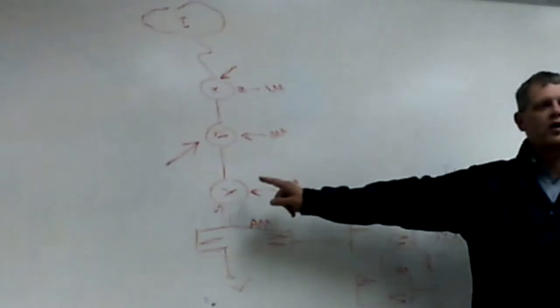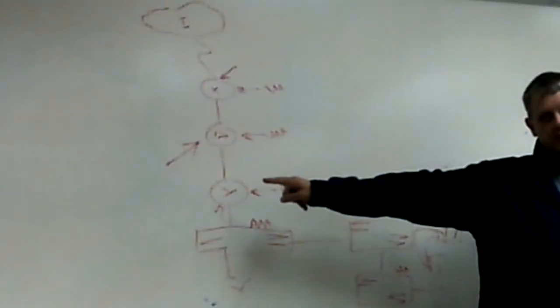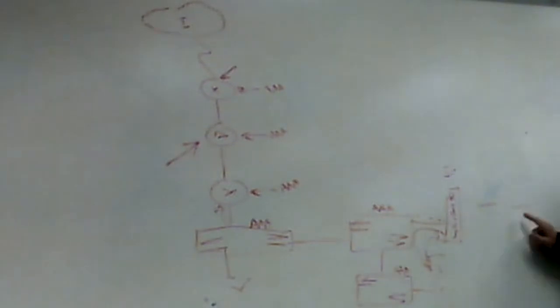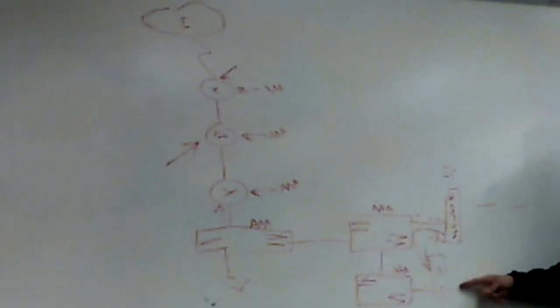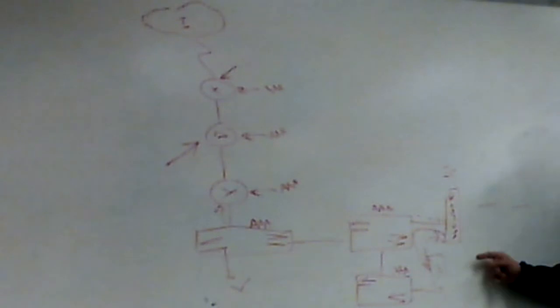If it comes back and says, oh yep, that's a valid username, the RADIUS server will then say, okay, what's the password you're trying to use? When it comes back and tries to use that password, it will then pass that password back to the Active Directory server. If the login attempt is successful, it'll allow the user in.